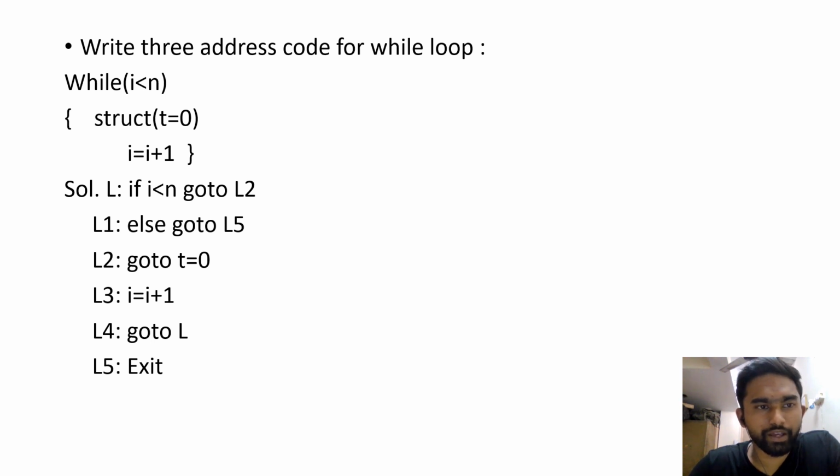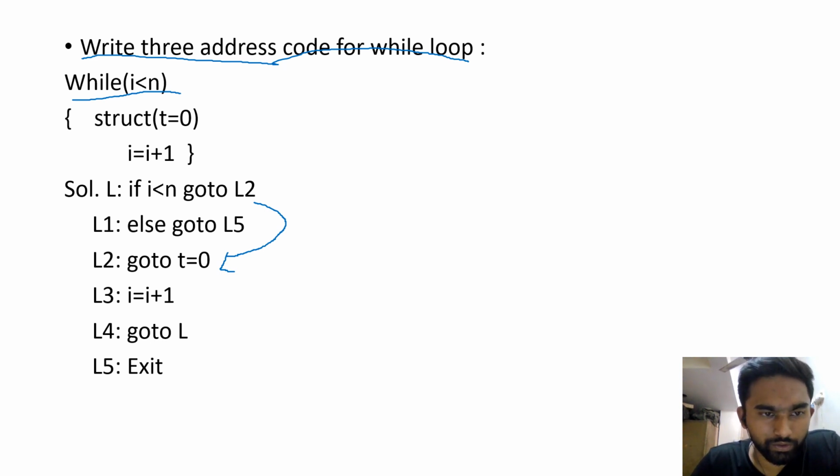Now we have to write 3 address code for a while loop. So we have this source code over here: while i < n, t = 0, i = i + 1. We have already initialized all the labels L. If i < n, go to L2, else go to L5, which is exit.